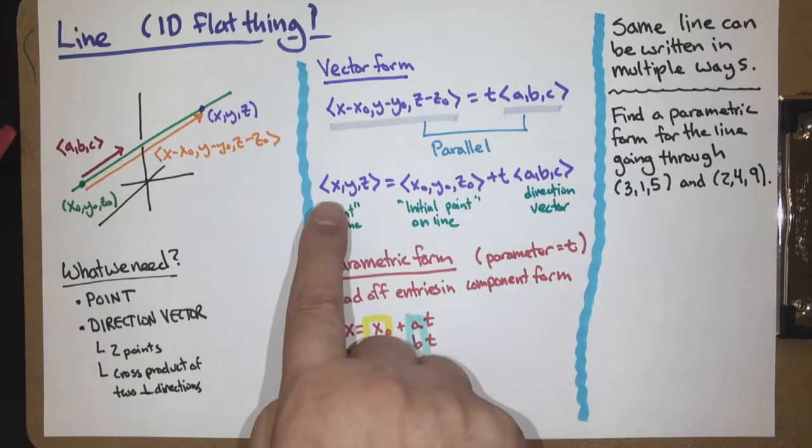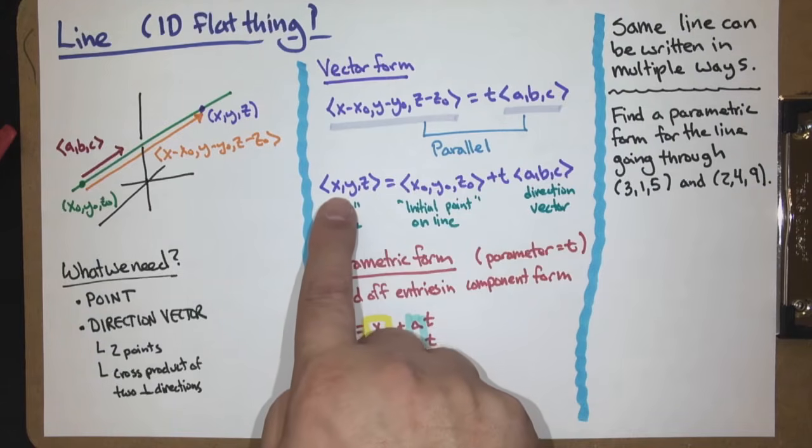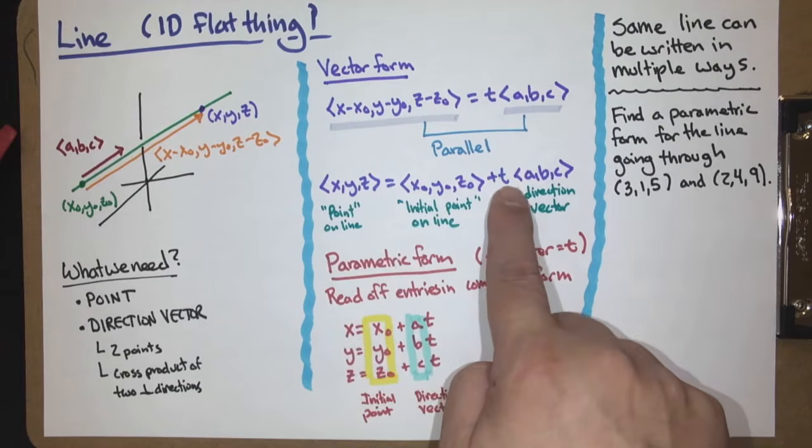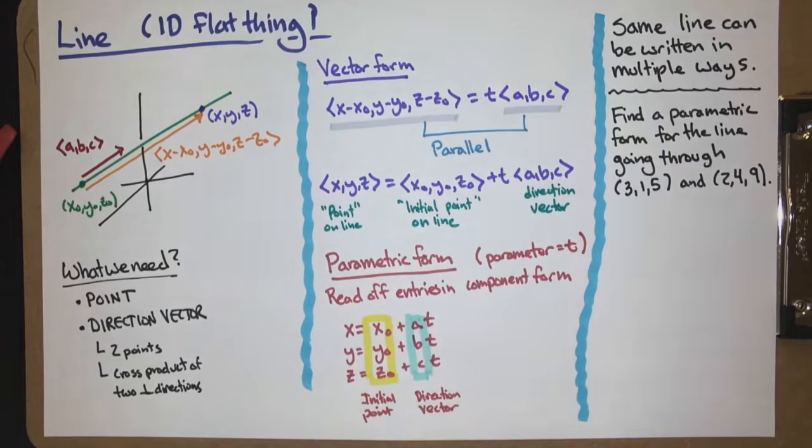Now, what do we do? We just compare the slots. The first slot says x is equal to x naught and then plus a times t. Compare the second slot, y is equal to y naught plus b times t. Z is equal to z naught plus c times t.